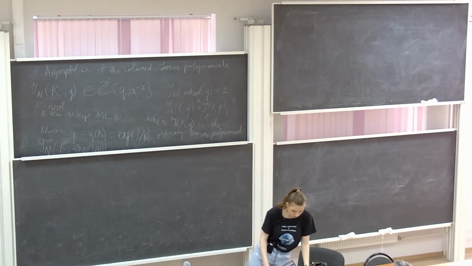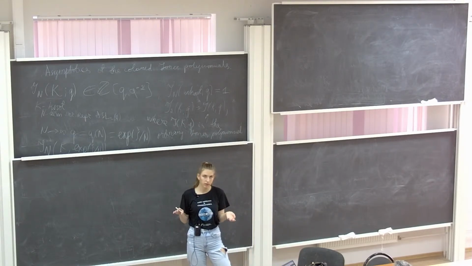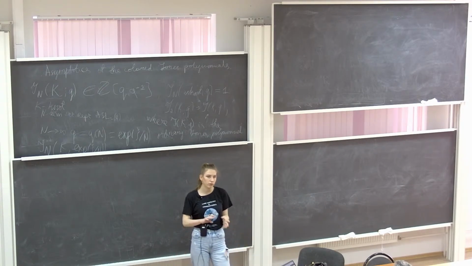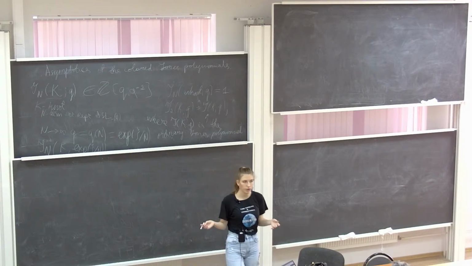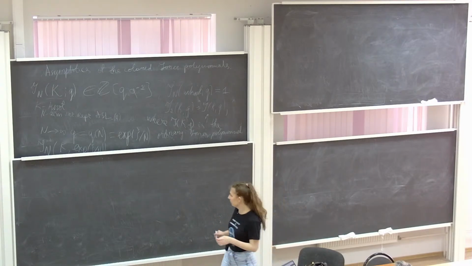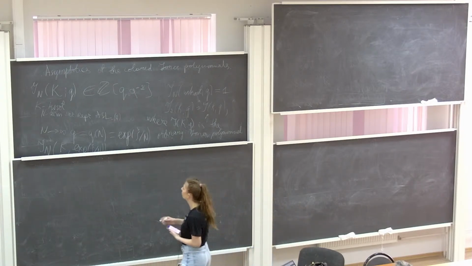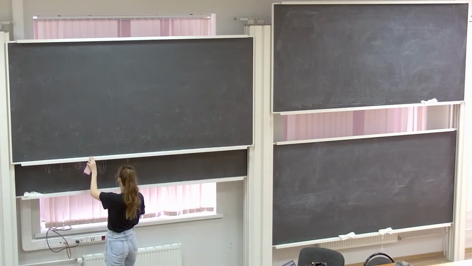Yes, the general statements are conjectures, but there are only some checks for torus knots or Whitehead knots or knots with small intersection numbers. So no general statements are proven.